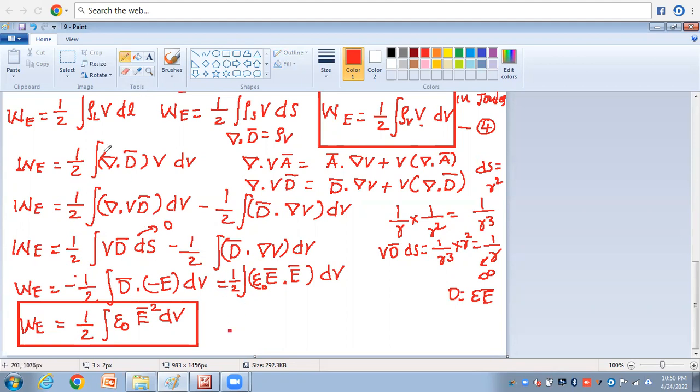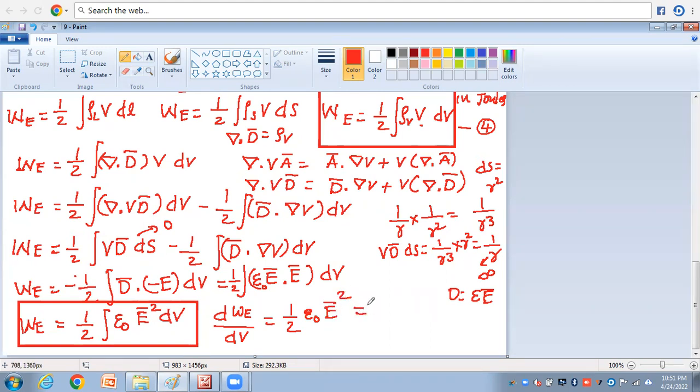The final expression: dW E with respect to dV is 1 by 2 epsilon naught E bar square.